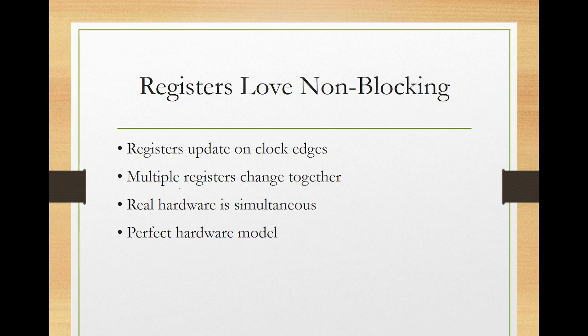Now let's connect this with the real world. Think about registers when a clock edge arrives. Does register 1 update first, then register 2, then register 3? No, they all update together at exactly the same clock edge. And that's why non-blocking assignment exists. They model real register behavior.